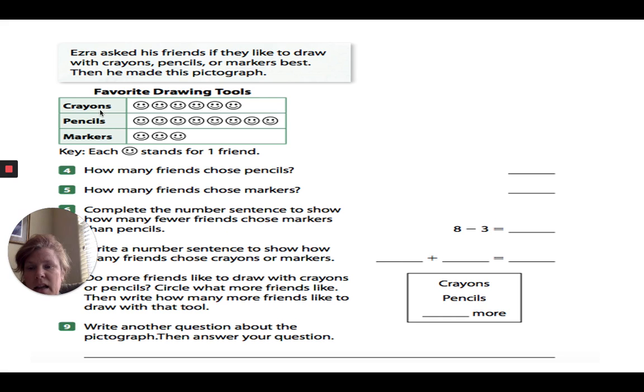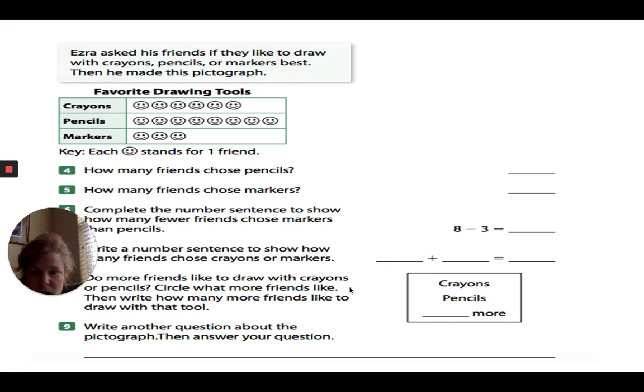You can say how many more crayons and markers than pencils, and then subtract the 2. Or you'd have to add crayons and markers and then subtract the pencils. So you can do any question you would like by looking at this graph. I think you guys can answer all of these fairly easy. Y'all already know how to do this.